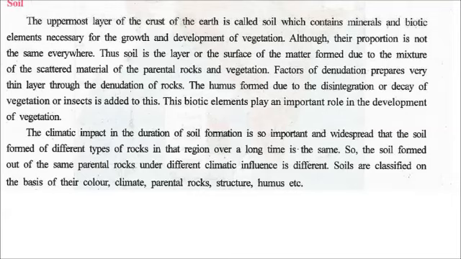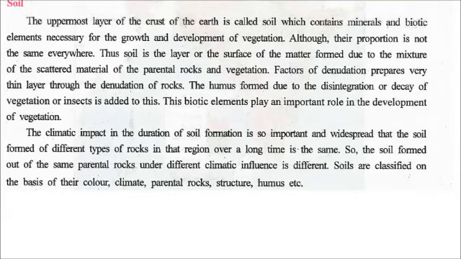Let me explain the second paragraph. Pay attention, very important. Now see, the climatic impact is very important and widespread, that the soil that is formed out of different parental rocks or types of rocks in a particular region over a long period of time is the same. That is, if parental rocks are different, say in Ahmedabad, just take for example, we have in one region different parental rocks, that is different types of rocks, but the climate is same.